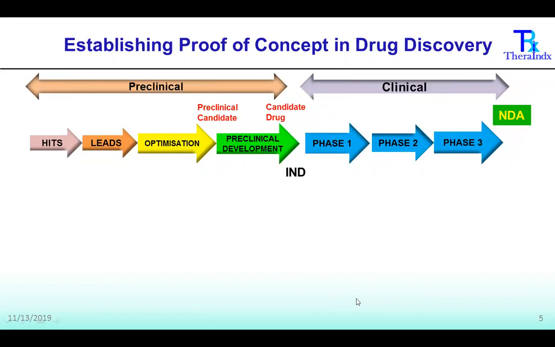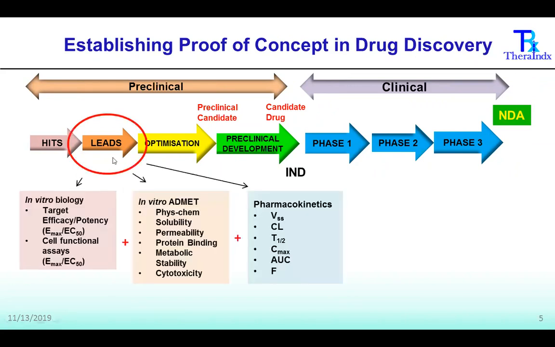How does one establish proof of concept in drug discovery? Let's take a look at the stage where the hits move into leads. By this time, a lot of compounds are profiled in vitro for efficacy and potency on the pharmacological target in terms of Emax and EC50.